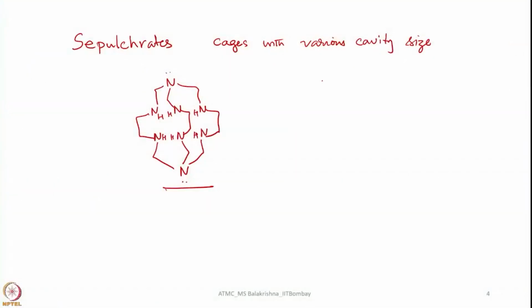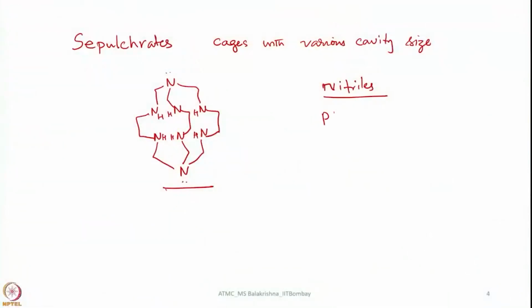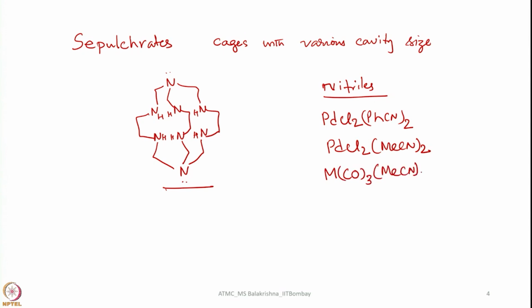Another class of ligands are nitriles, which I already showed you while giving the preparation of important coordination compounds like acetonitrile and benzonitrile complexes. From a synthetic point of view, these are all very important nitrile compounds. Another important compound of group 6 metal carbonyls is this one.